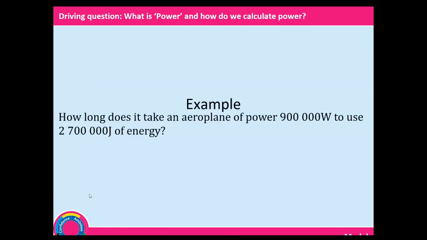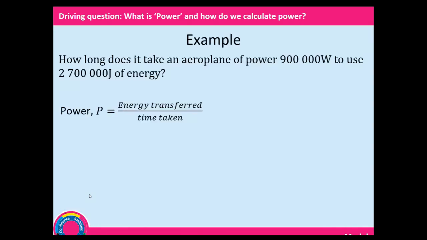Let's take an example. It says, how long does it take an aeroplane of power 900,000 watts to use 2,700,000 joules of energy? Again, we write a formula down, P equals energy transferred over time taken. We're asked to find how long, so we're asked to find the time.